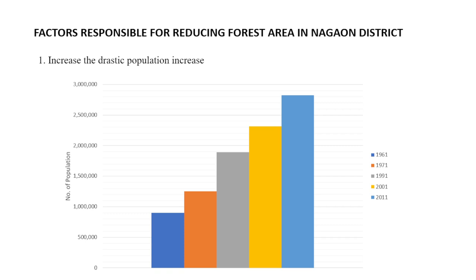This drastic population growth likely led to higher demands for land and resources, resulting in deforestation as more land was converted for agriculture, housing, and infrastructure to support the growing population. This trend highlights the impact of human activities on forest areas.